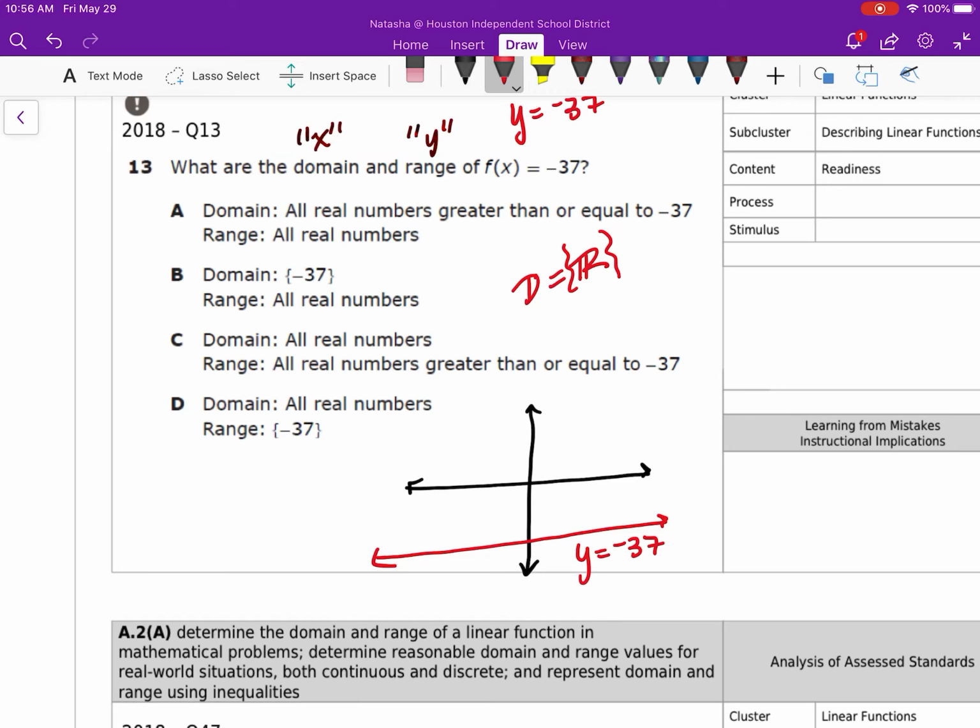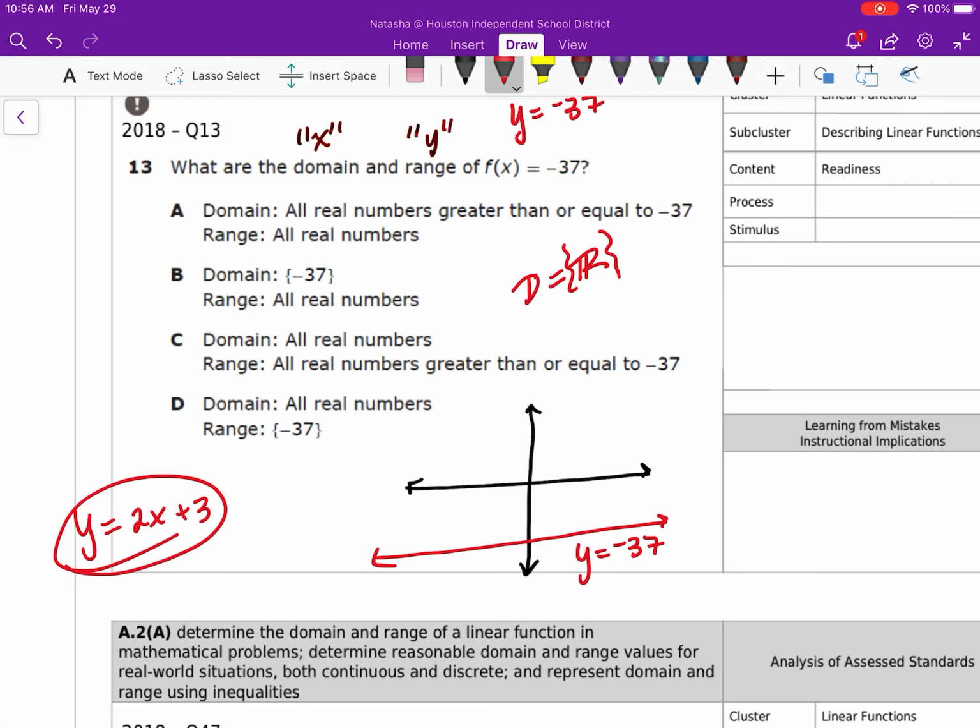And so if that happens, then our y value isn't going to change like it normally would if I were to give you a function like, say, 2x plus 3. If I were looking at y is equal to 2x plus 3, both my domain and range would be all real numbers.